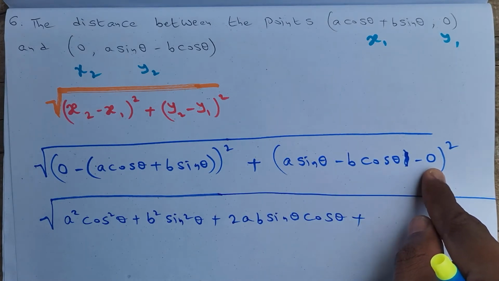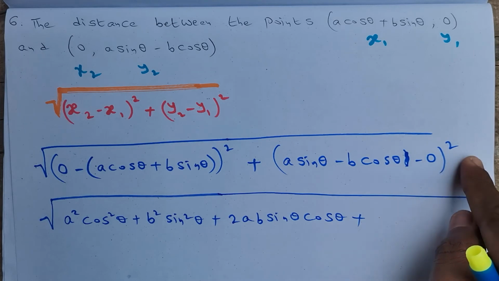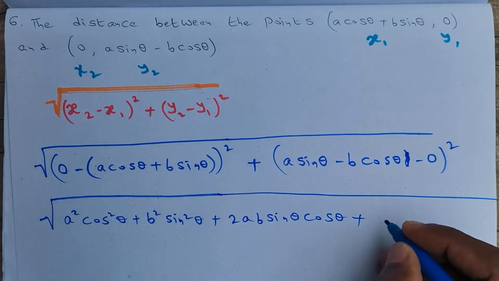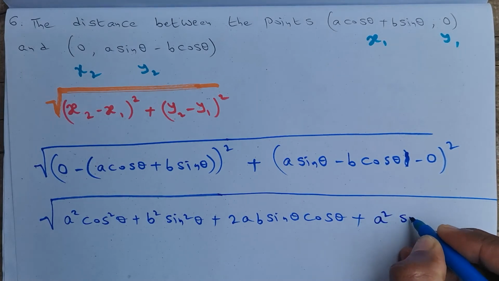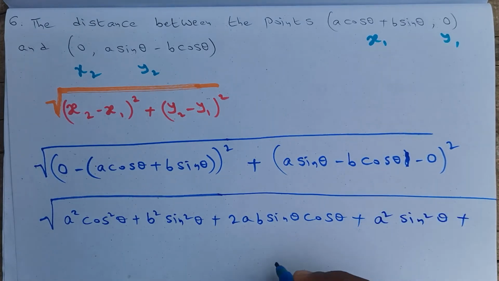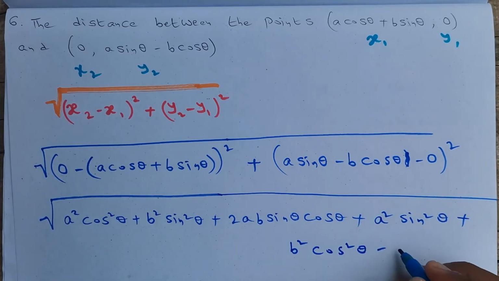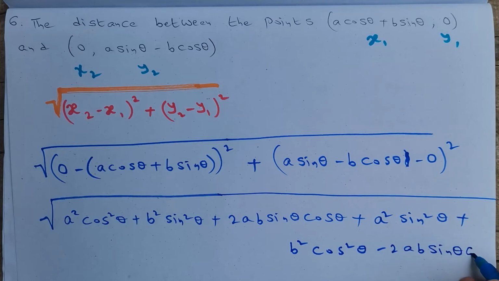Minus 0 doesn't have any value, so a sin theta minus b cos theta whole square is in the form of a minus b whole square. So if we expand: a square sin square theta plus b square cos square theta minus 2ab sin theta cos theta. Here plus 2ab sin theta cos theta and here minus 2ab sin theta cos theta will get cancelled.